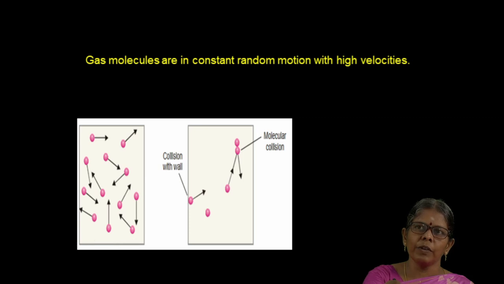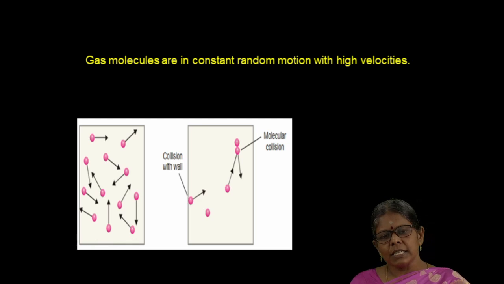All of them are moving with a very high velocity. Due to their random motion with high velocity, molecular collisions take place between the molecules or with the walls of the container. Due to this collision among themselves or with the container, the pressure of the gas is produced. This is the second assumption.